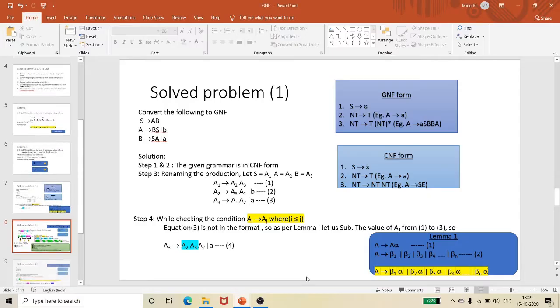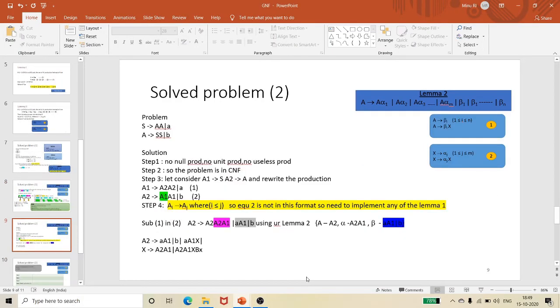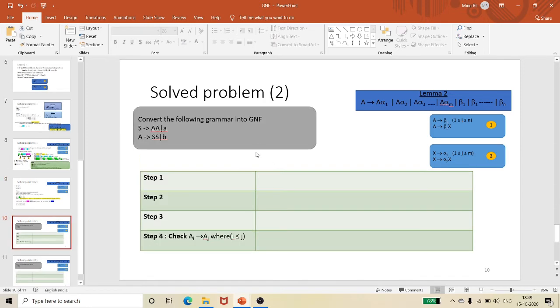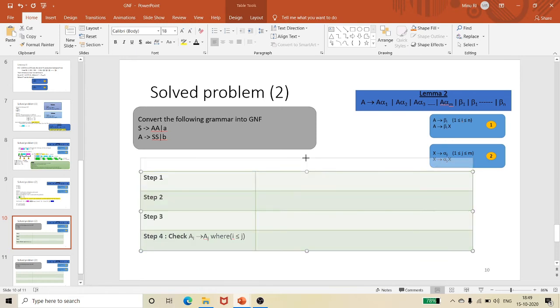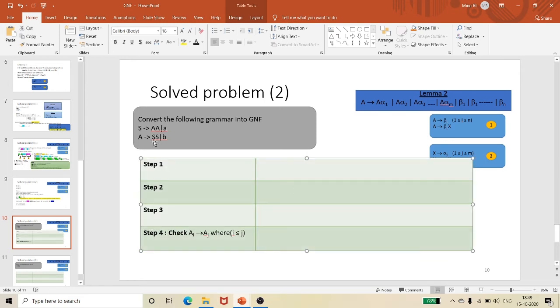Let me solve another problem. Okay, so this is the problem actually. Same problem only. For simplicity, I have put it in the box. We need to convert this into a GNF form, and the first step is to check for null production.